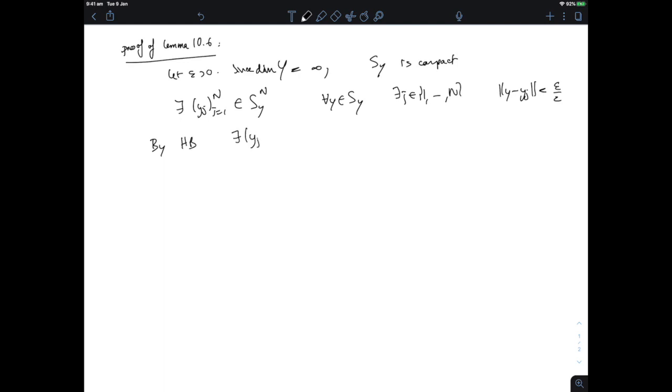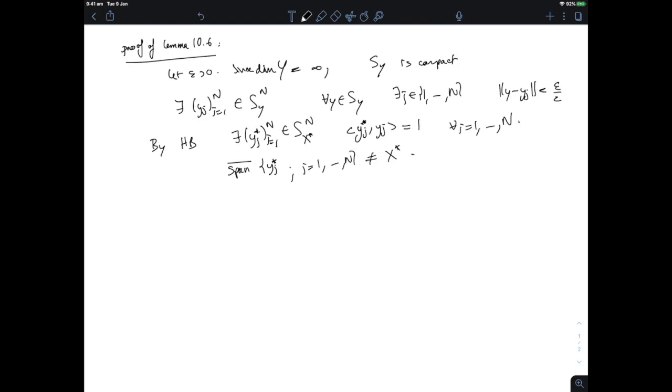So there exist y_j stars in the unit ball of X star, such that y_j star applied to y_j is equal to the norm of y_j, which is 1, for all j between 1 and capital N. Now, I only have finitely many of them, so one thing for sure is that they cannot possibly span the entire dual because my Banach space to start with is infinite dimensional. So this cannot be X star.